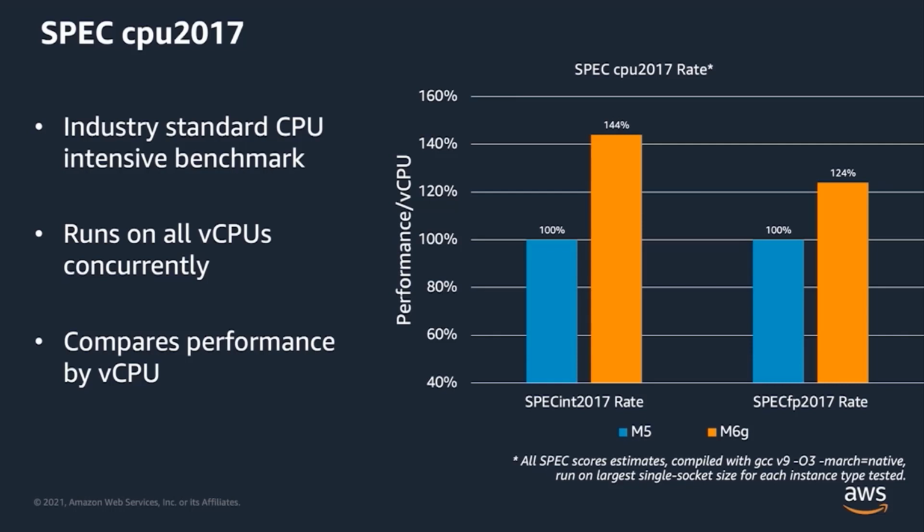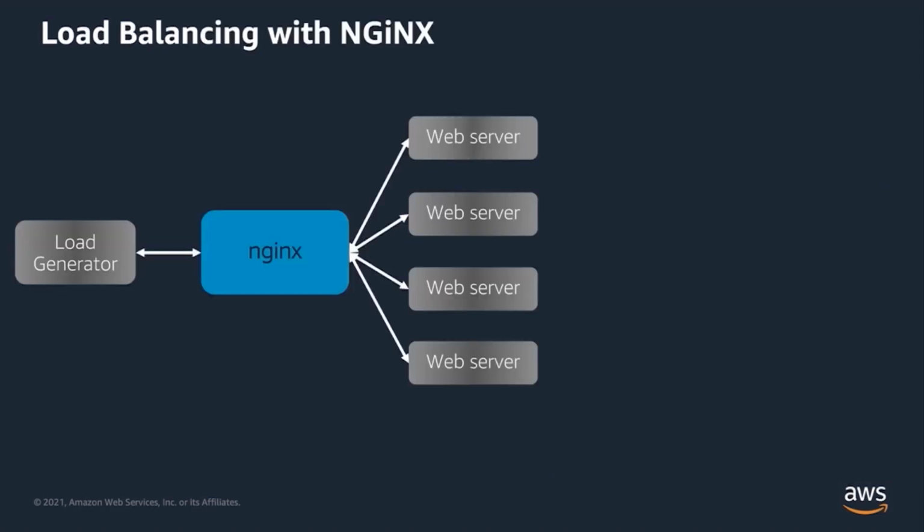But it doesn't mean that the performance gains are only restricted to synthetic benchmarks. We also see pretty comparable performance gains when we look at real-world workloads. As an example of a real-world workload, we did some tests with NGINX, which is a popular web server and load balancer, and we used an open source load tester, wrk, which we pronounce "work", to generate 512 clients worth of HTTPS requests to send through NGINX.